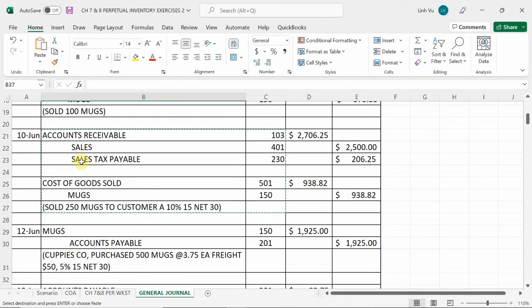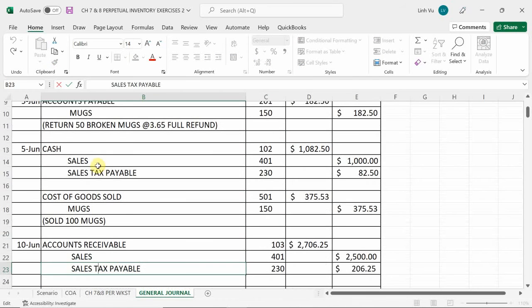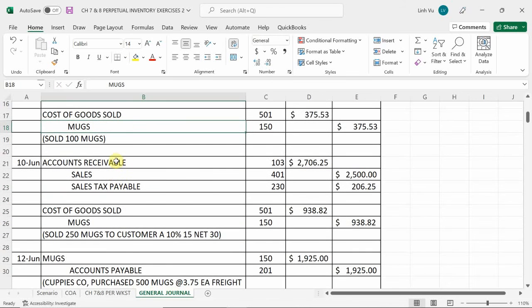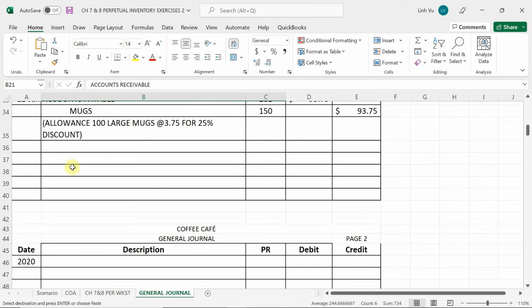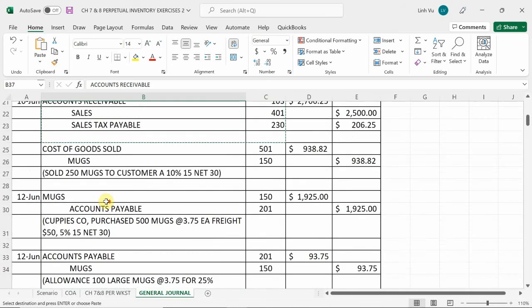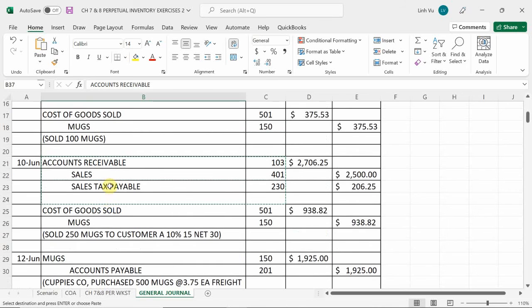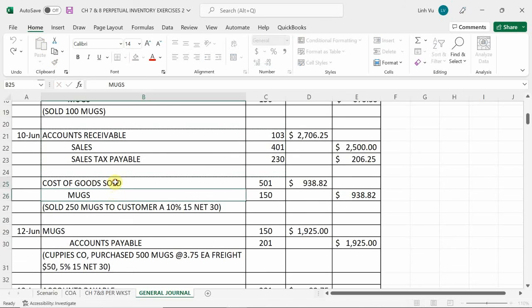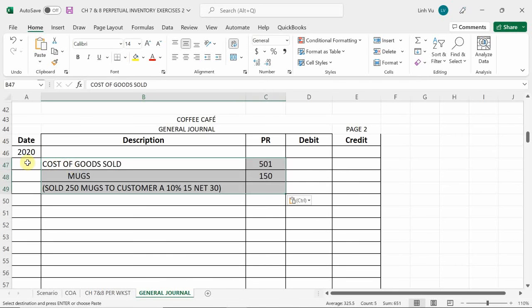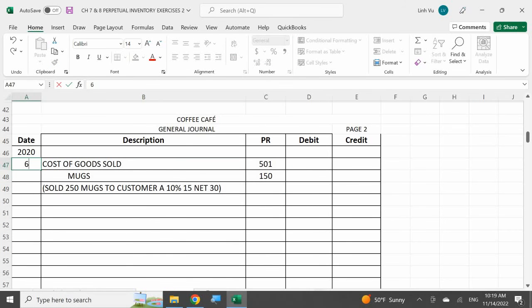Okay, so in this case, I have space for the accounts receivable, right? You want to utilize as much space as you can in your journal, but you don't want to leave too much space either. So this is June 16.